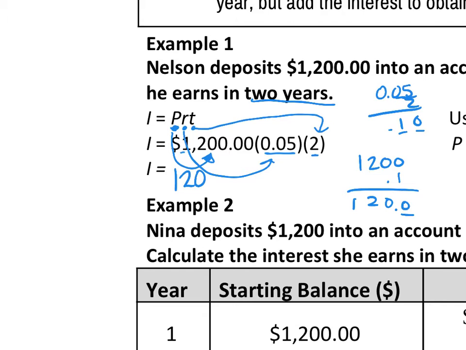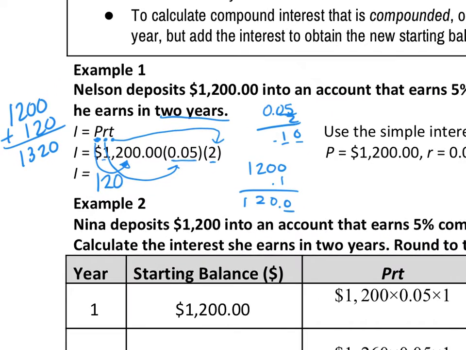How about 1,200 plus 120? So he would end up paying $1,320 for the amount he borrowed, which was $1,200. Does that make sense? Because you're going to pay your interest plus your principal amount back. Do you understand that concept? Is that okay? Okay. You're like, woo. For a second there, I was worried.